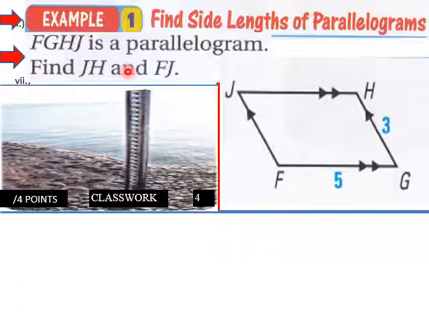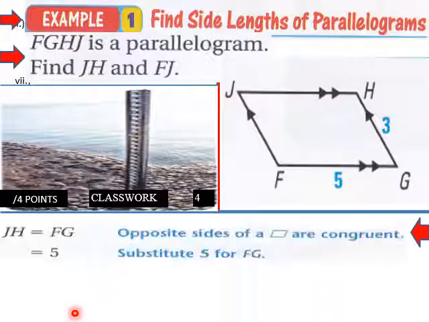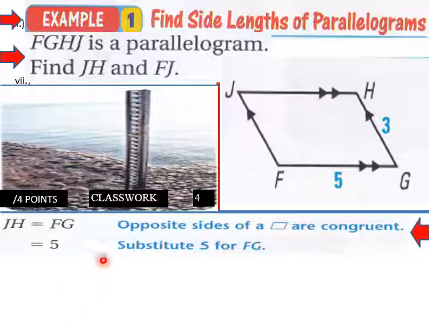Find side lengths of parallelograms. FGHJ is a parallelogram. Find JH and FJ. Okay, so what would those be? JH equals FG. Opposite sides of a parallelogram are congruent. So JH equals 5.